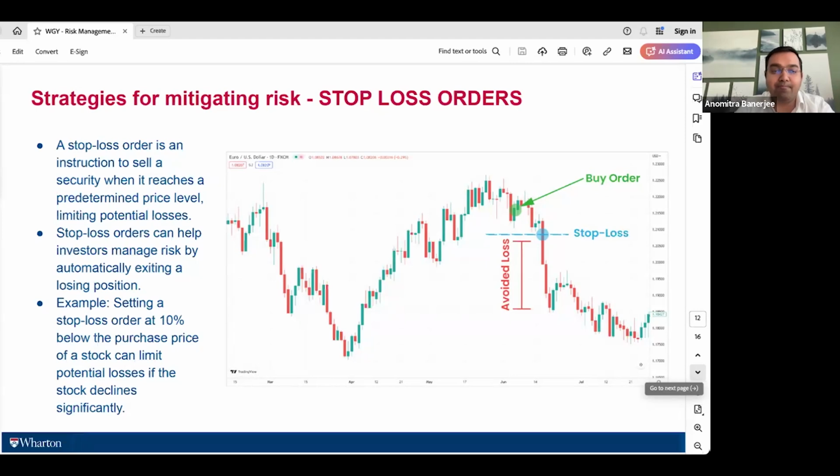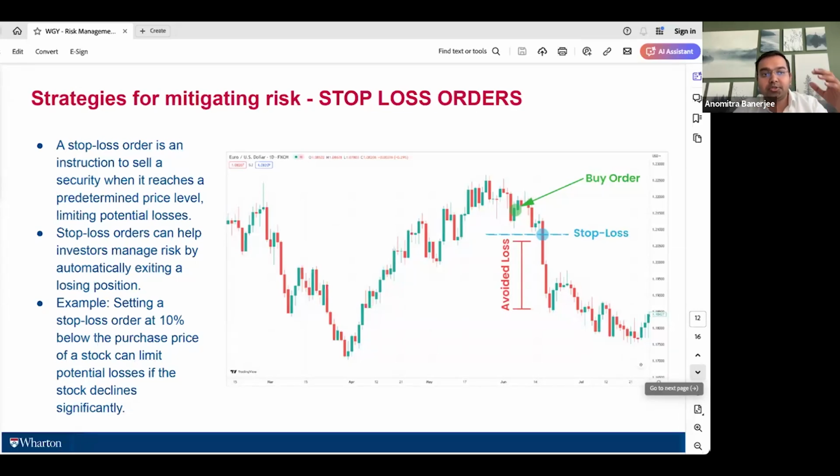So one very important way to mitigate risk is to always have stop loss orders. Now, what is a stop loss order? A stop loss order is basically saying that, okay, I bought the stock for $100, and I want that if the stock falls below $95 or below $90, the entire stock should be sold out. That's a stop loss order.